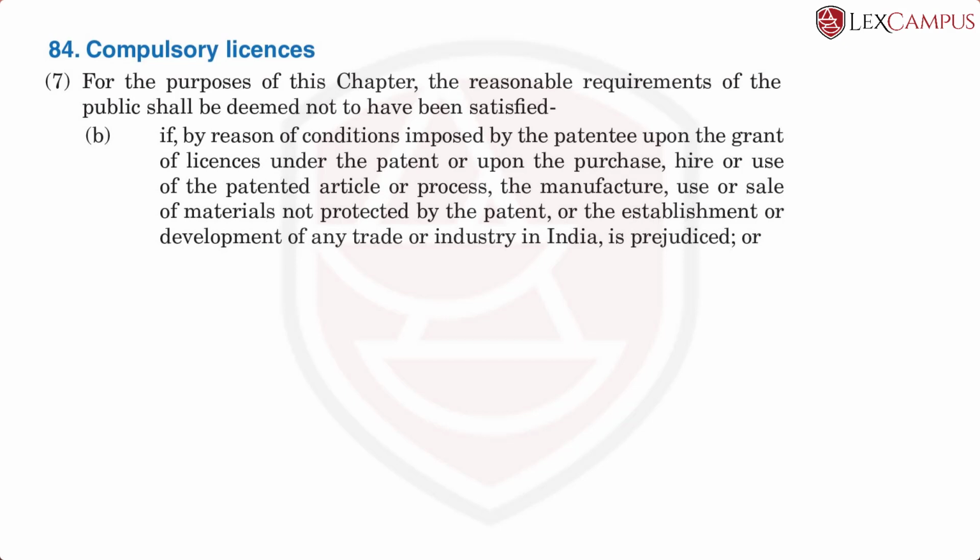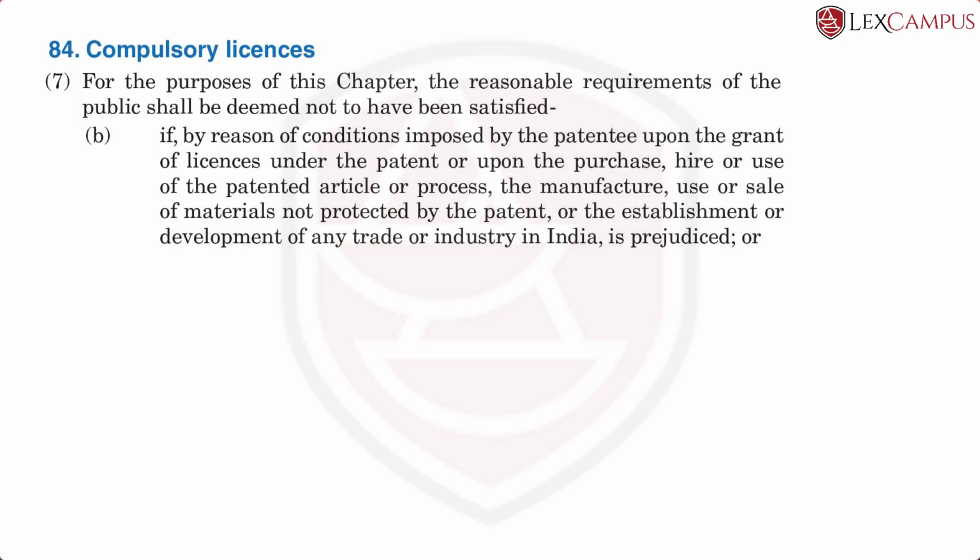The patent in itself does not protect the quality of the paper that is used, but the patentee insists that you have to buy my machine, and along with the machine you have to buy paper from me. So, that is a condition that is added by the patentee for which he does not have a patent.